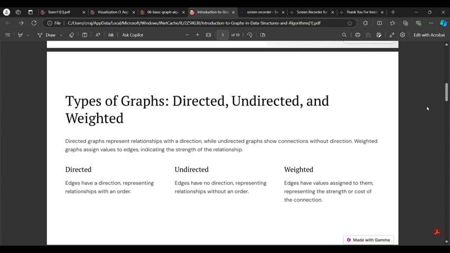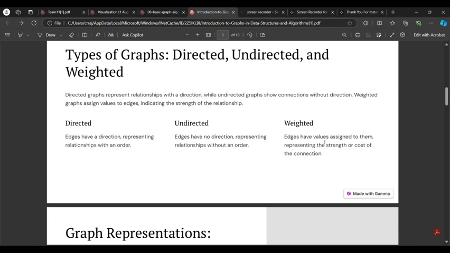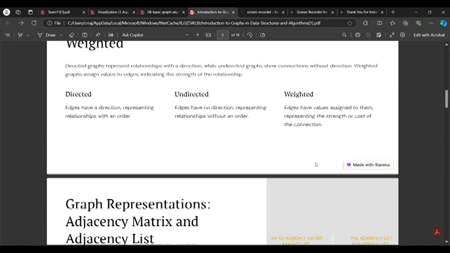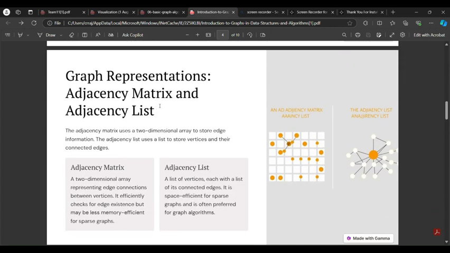Graph representations: adjacency matrix and adjacency list. An adjacency matrix uses a two-dimensional array to store edge information, while an adjacency list uses lists to store vertices and their connected edges.